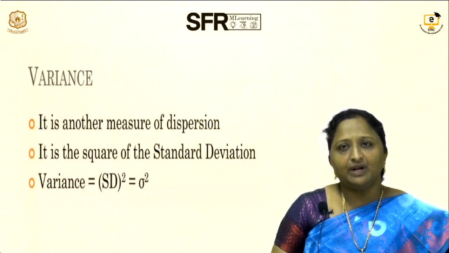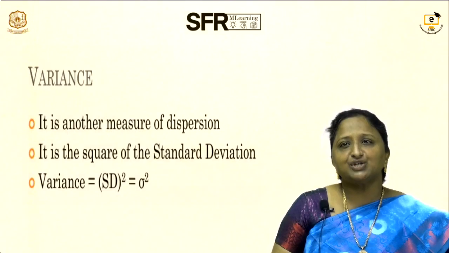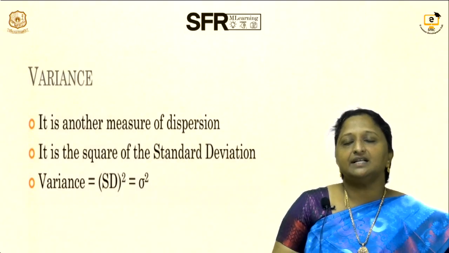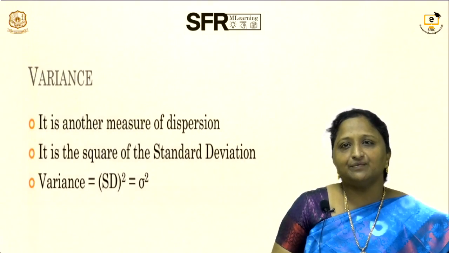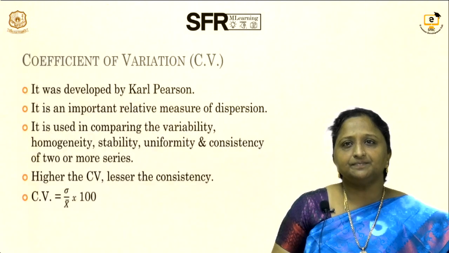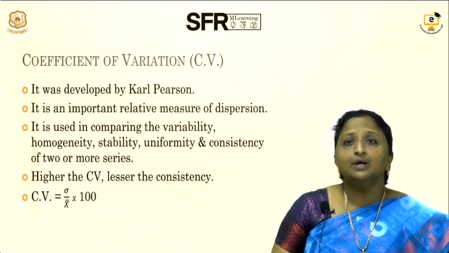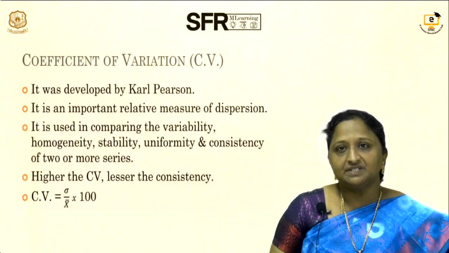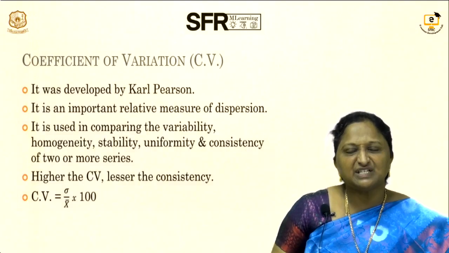Next we are going to calculate the variance. It is another measure of dispersion. It is the square of the standard deviation, so the formula for the variance is sigma squared. Next we are going to calculate the coefficient of variation. It was developed by Karl Pearson. It is an important relative measure of dispersion.